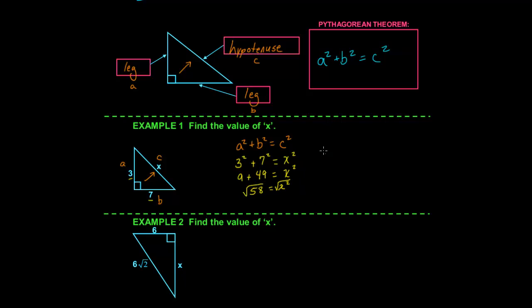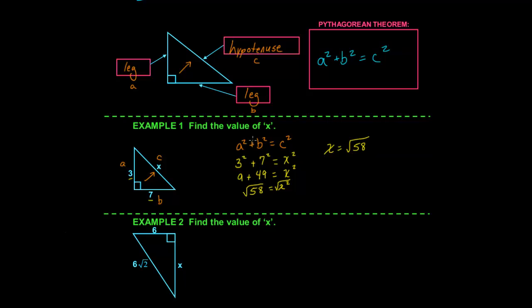So at that point, you're going to be left with x equals the square root of 58. Now, we know that this is not a perfect square. There's not any two whole numbers that you can immediately say times one another, or squared, will give you 58.